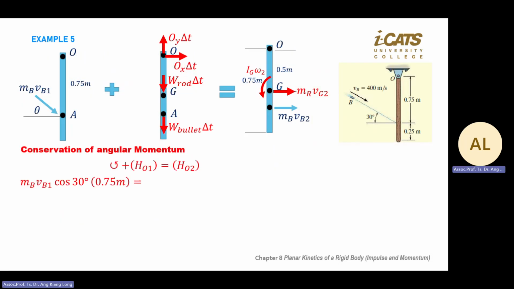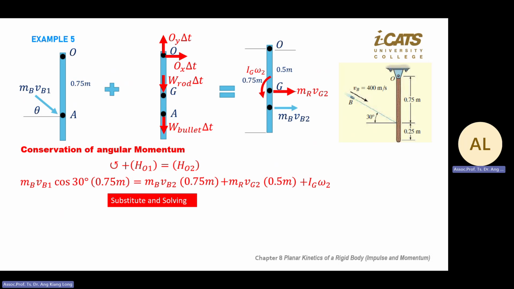So when you conserve, you only calculate H1 equal to H2. With this, you take mV multiplied by the perpendicular distance of the momentum, equal to the moment of momentum after. So here you are solving for the unknown. Before is this first diagram.